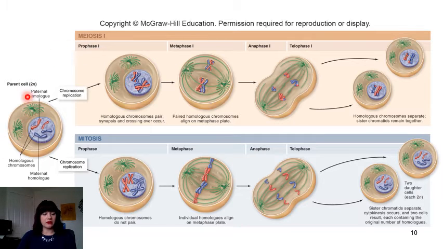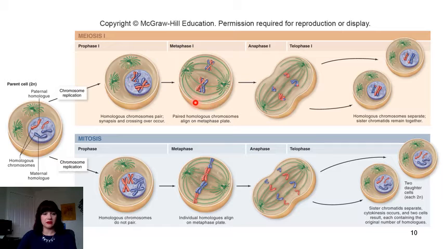So we start out with our germline cell, and the first thing that happens is the cell goes through S phase. The chromosomes get duplicated. During prophase, you have the typical things. The centrosomes get duplicated, and they start to move to opposite sides of the cell and form the mitotic spindle.